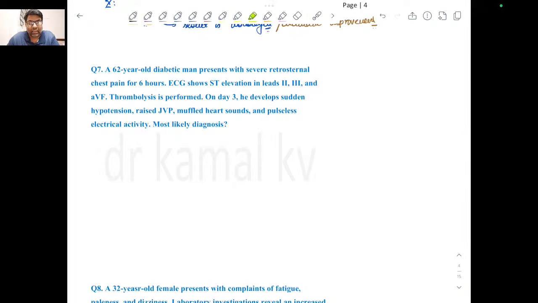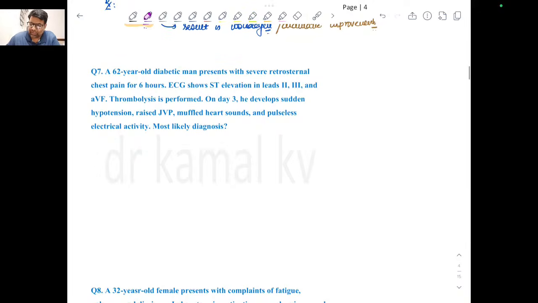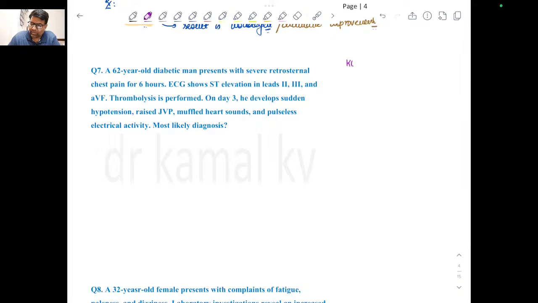On day 3, that's very important, he develops sudden hypotension, raised JVP, muffled heart sounds and pulseless electrical activity. Most likely diagnosis? I think this is one of the best questions I have seen. Now let us write the keywords.